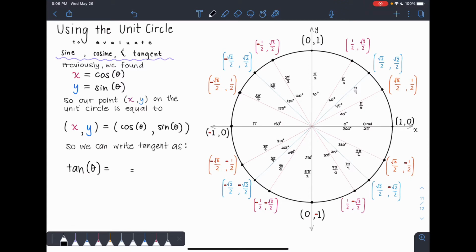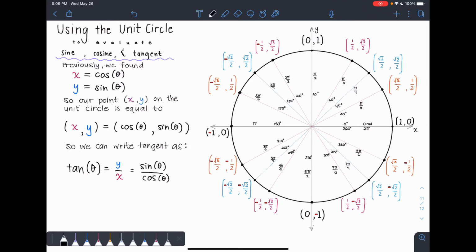So looking at tangent, we can rewrite it as tangent of theta. We know that it's equal to y over x. But knowing that y is equal to sine and x equals cosine, tangent of theta can also be rewritten as sine of theta over cosine of theta.